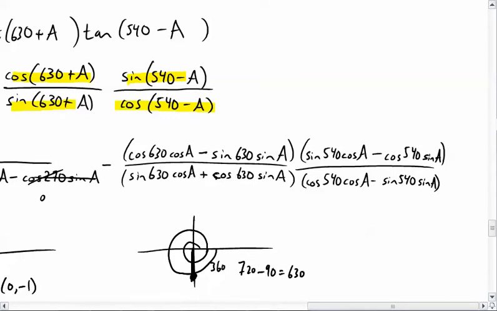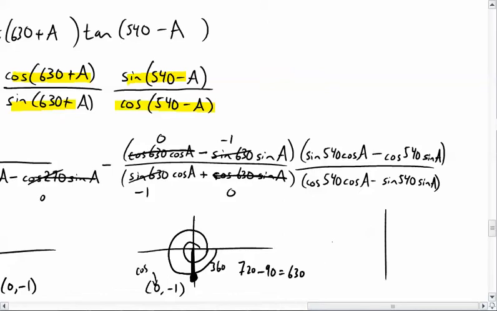So that's the same as 270. It's still the point 0, -1. It still has the same cosine and sine value as the last one. So cosine is 0. So instead of cosine, I'll write 0. Everything that's attached to cosine 630 will cancel off. And sine becomes -1.